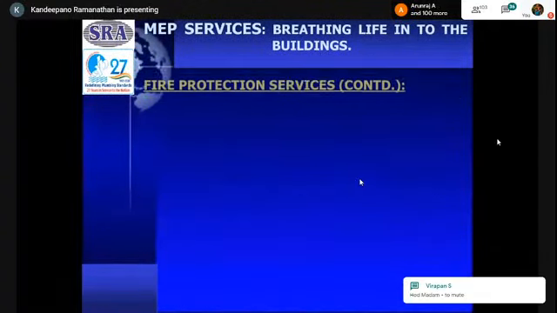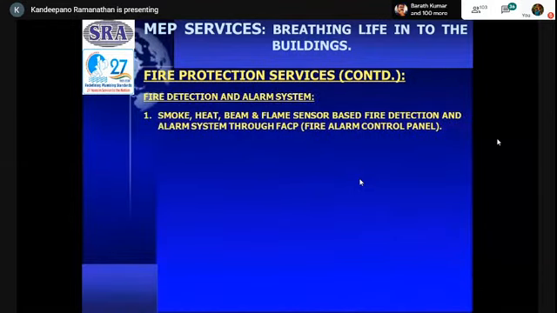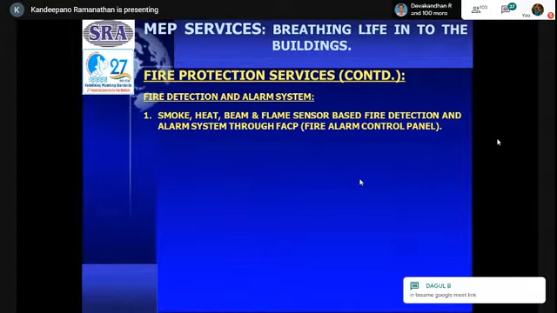Fire protection services continue. This is the second part of it. Fire detection alarm systems. This is basically an electrical and electronics engineering application. It works by sensing smoke, heat, a beam of fire or a flame sensor, and based on these detections, reactions take place through a fire alarm control panel.